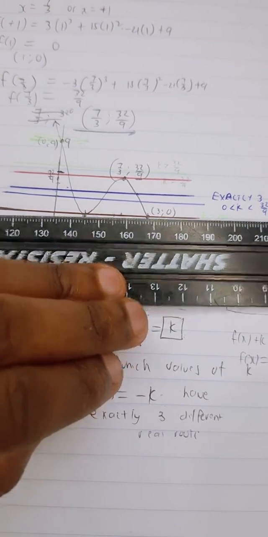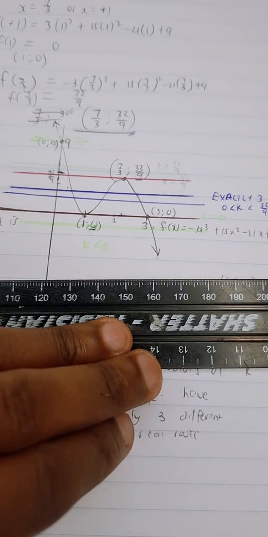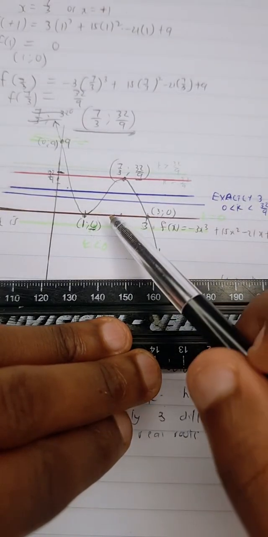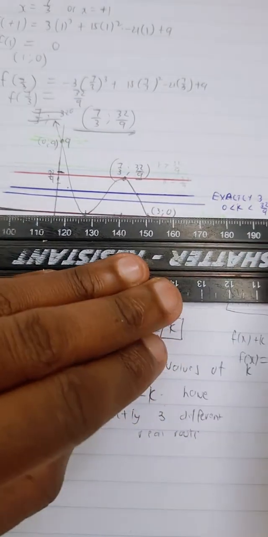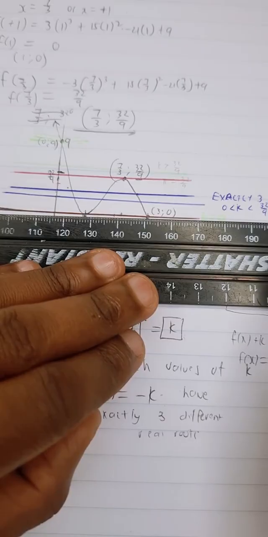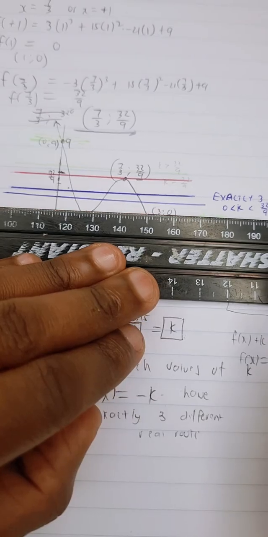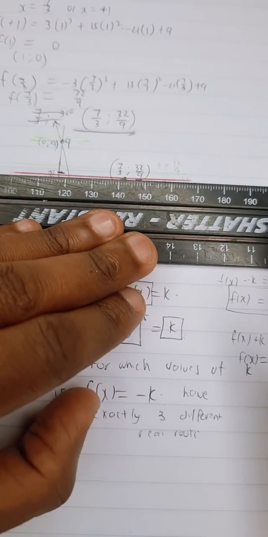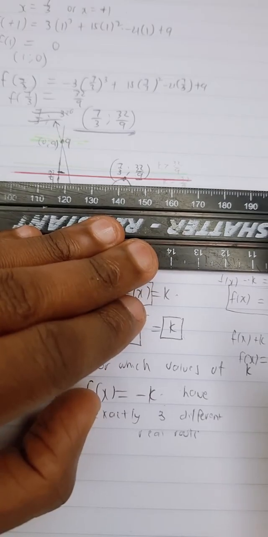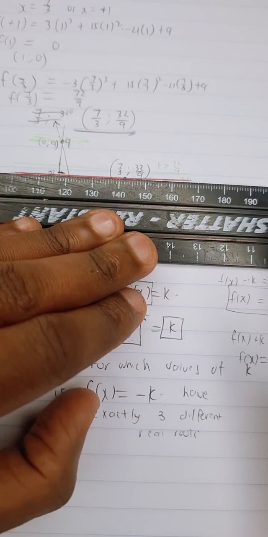It's no different. 3 real roots is still going to be between 0 and 32/9, isn't it, Presh? If you take your ruler, at the stationary point exactly there are 2, but above, up until just before the other stationary point, you have 3 everywhere here.